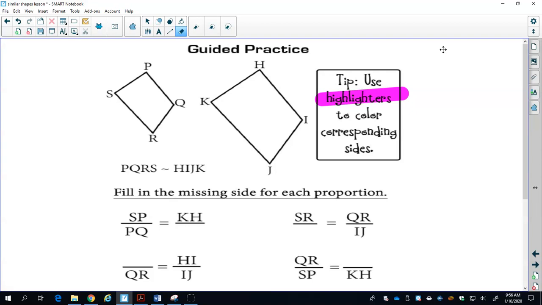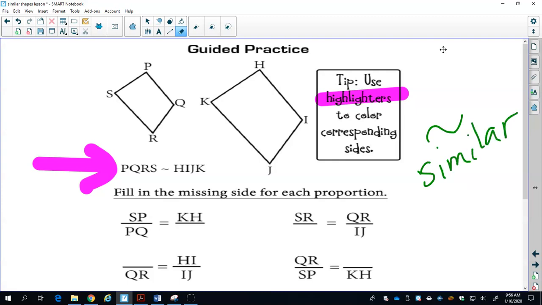So first I'm going to start with, it's telling us right here that PQRS, trapezoid PQRS, is similar to HIJK. I know that because this symbol here, remember, it means similar. So it's telling us right here that they are similar.